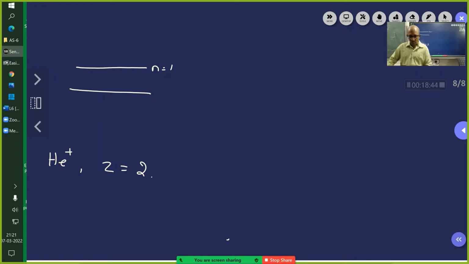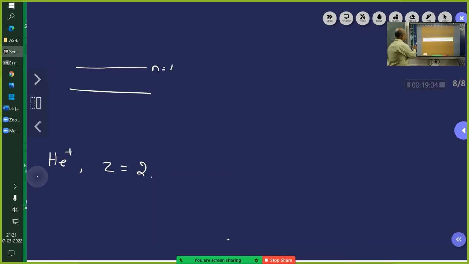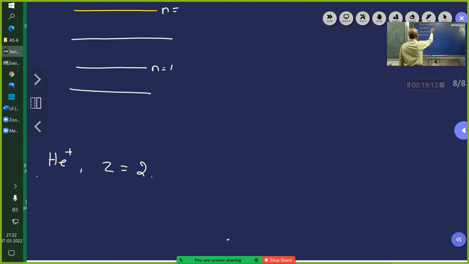Now there are 2 transitions happening. The helium ion makes a transition to the ground state and emits 2 photons in succession. That word, succession, is important. One is 108.5 nanometer, the other one is 30.4. That means there is some energy level n, we don't know what it is yet.